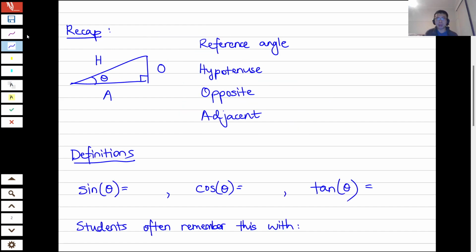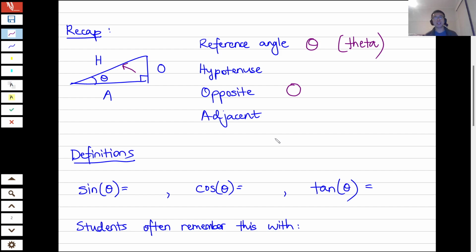So let's recap what was in the last video. We started by introducing the notion of a reference angle, theta, and this is a Greek letter. For a given reference angle, I defined the opposite side to be the side that was facing outwards from theta, and I labeled that with the letter capital O. The hypotenuse has not changed.